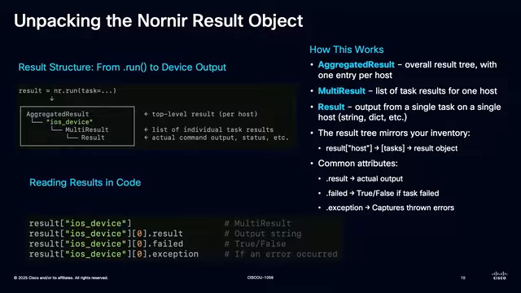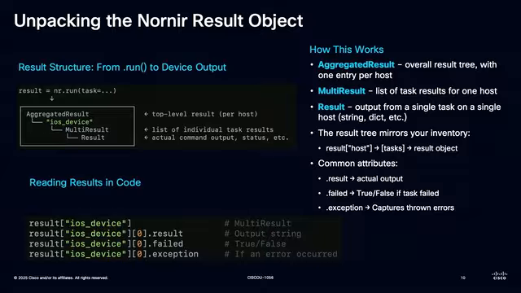But for Nornir, it actually returns a Python object that you can then work within that nested object. And I've provided a visualization on the left there where the Nornir object at the top level is called an aggregated result. And then for each device, you have a key that you can look up for that host name. So we have two devices, so we could do two different lookups, one for our iOS device and one for our Nexus device, and then you have the associated results for each of those objects.